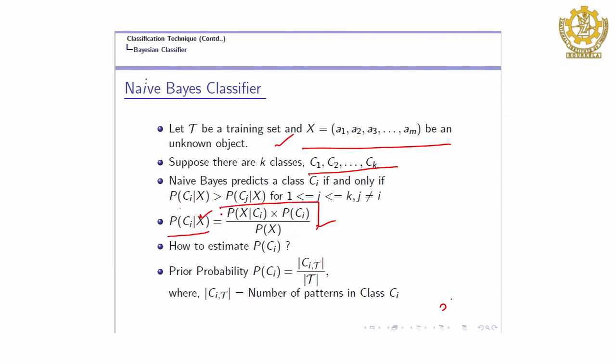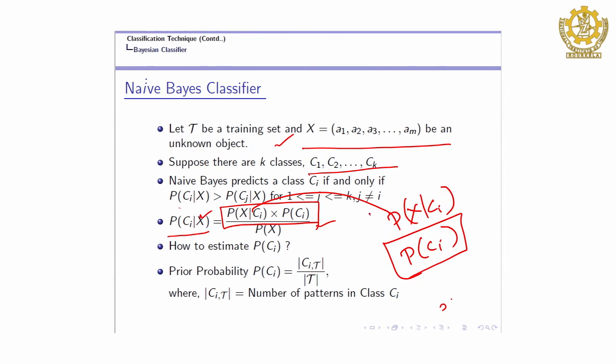It has 2 parts: one is the probability of X given a class Ci, and another is the probability of Ci. Now, how do you compute this value and this part? We will study them one by one. So, this is first.